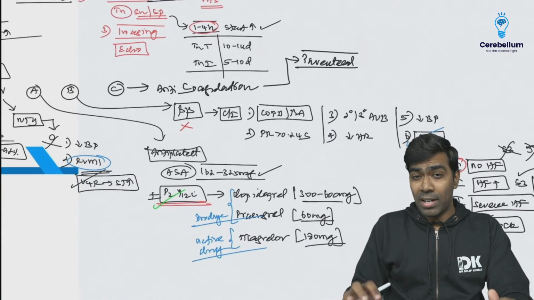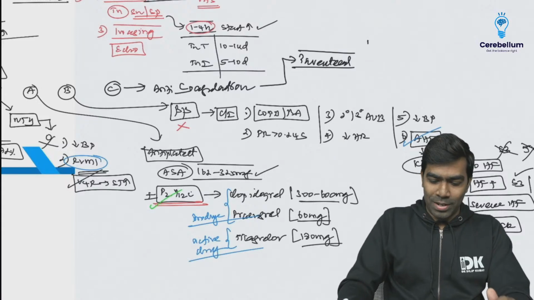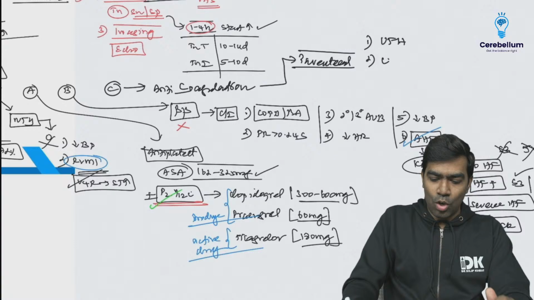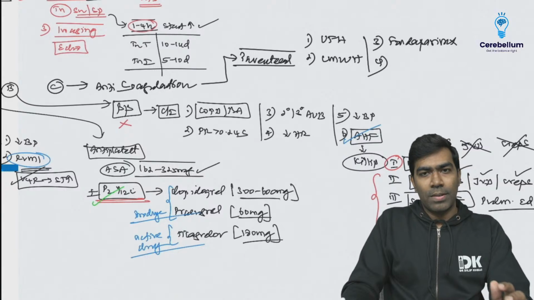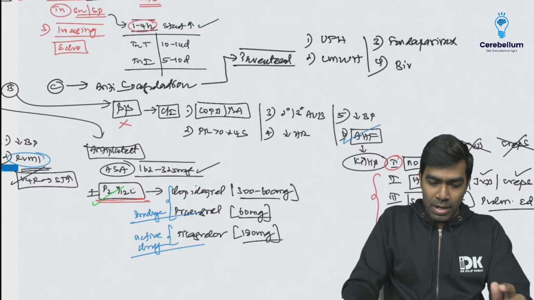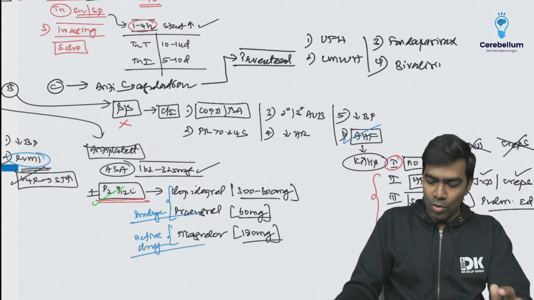So what parenteral drugs can you use? Number 1, unfractionated heparin can be used. Second, low molecular weight heparin can be used. Number 3, fondaparinux can be used. Number 4, you can use bivalirudin. Okay, so these are the 4 drugs that are approved to be used in patients with acute coronary syndrome.